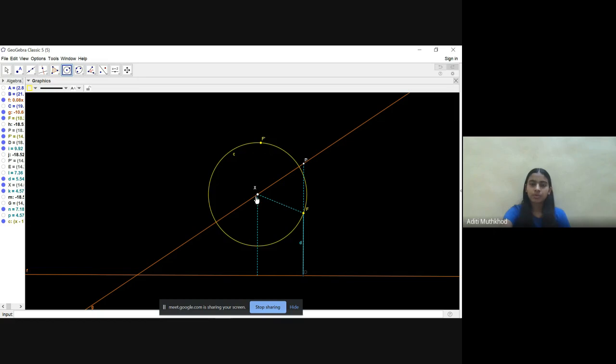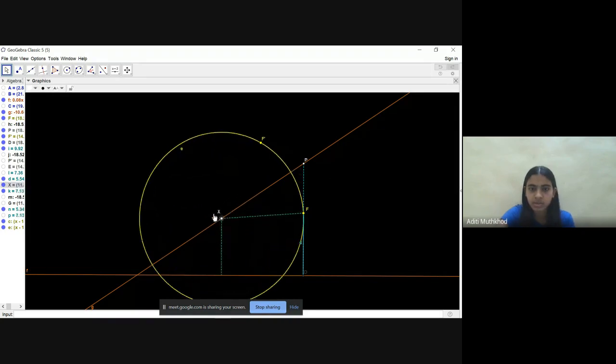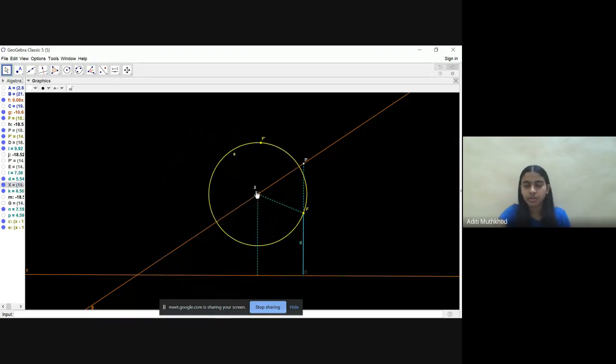So what we want is XE minus XF, and XF is going to be equal to this. It's on the circle. What we want is this length to be maximum, right? As we go here, it just becomes negative, and we don't want that.